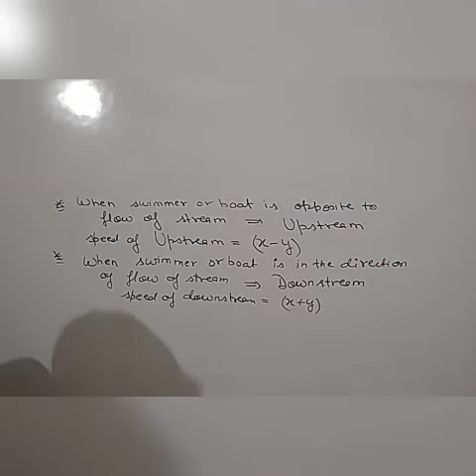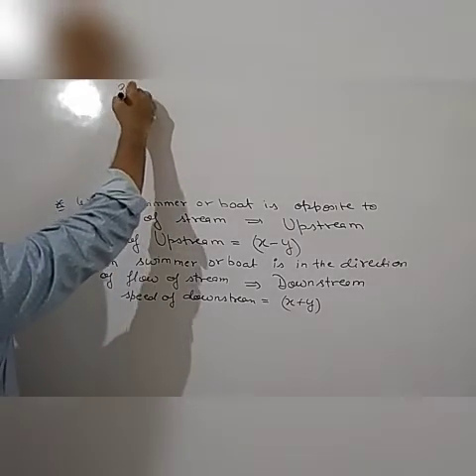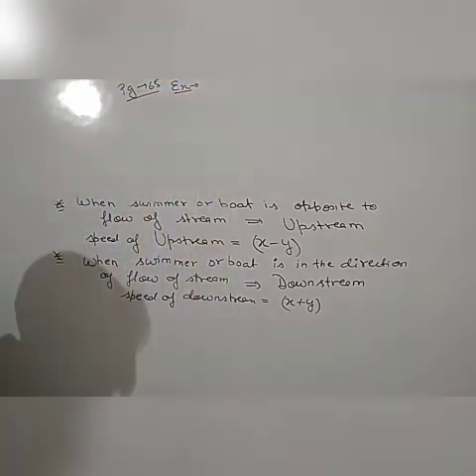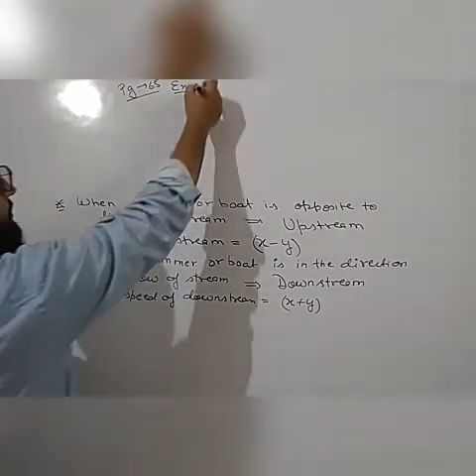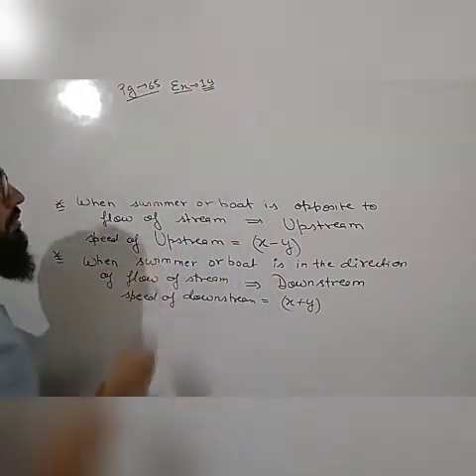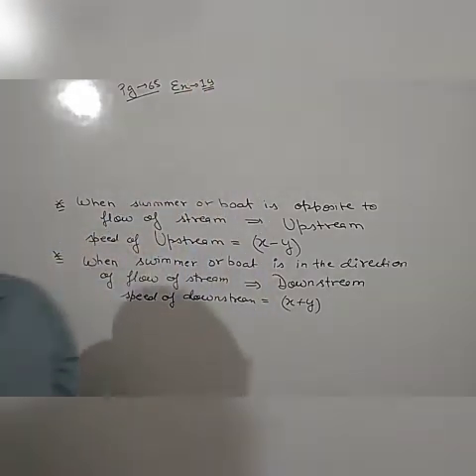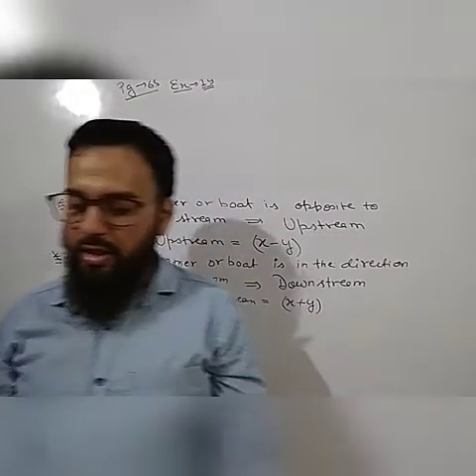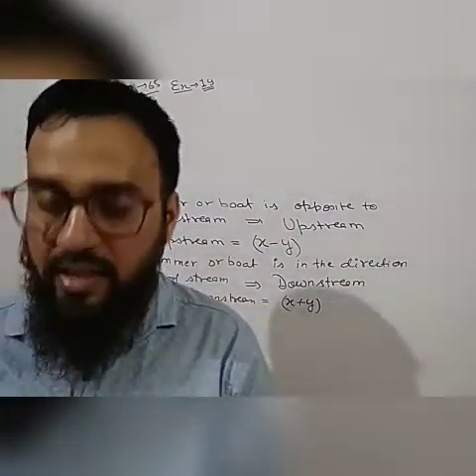Now I am coming to a question, NCERT page number 65, and there is an example, example number 19. What is given? A boat goes 30 km upstream and 44 km downstream in 10 hours.